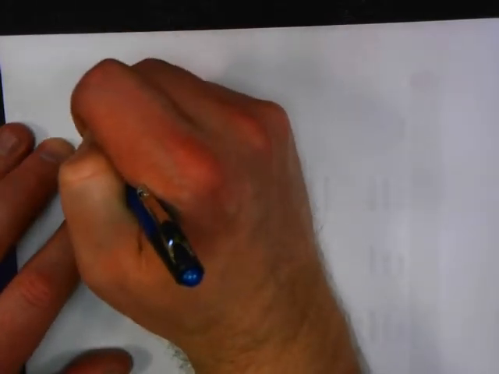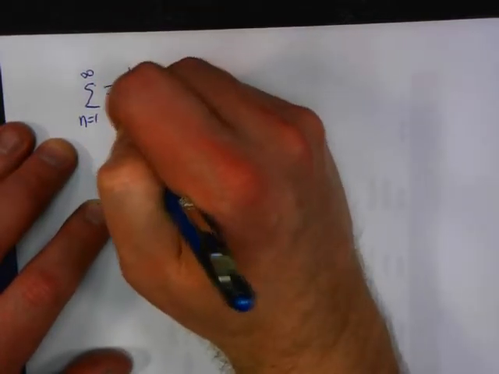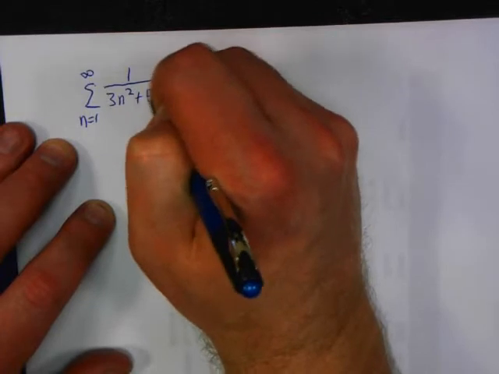How about the sum from n equals 1 to infinity of 1 over 3n squared plus 5? Again, you need to make your initial guess, which develops your initial series for comparison. What should I compare that to?